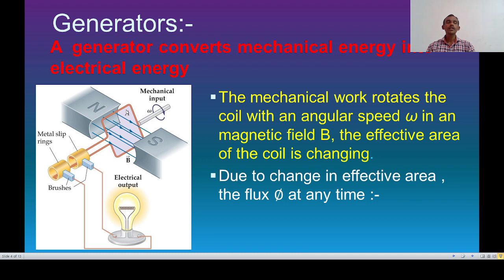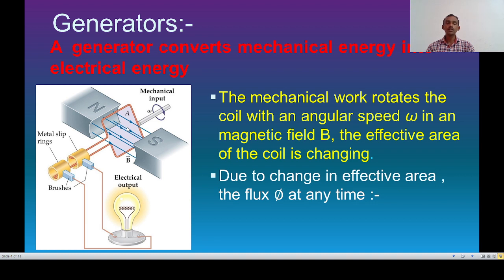Now you know that phi is equal to B bar dot A bar, and if we write it in magnitude form, phi is equal to BA cos theta. Theta is the angle between B bar and A bar, and this theta varies with respect to angular velocity and time.